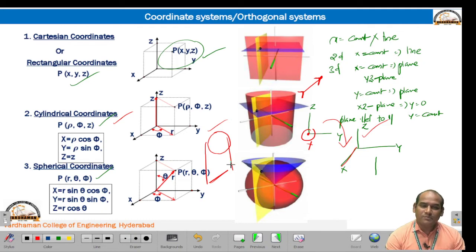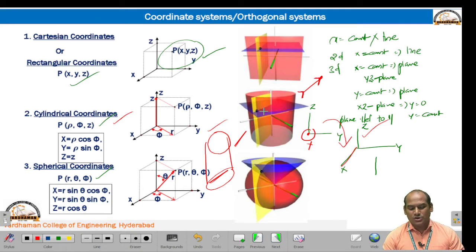Z is changing from minus infinity to plus infinity, or for simplicity I am taking from 0 to 5 meters. Then this cylinder has been created. How the cylinder is created, that you need to see. It is not only because of fixing the value of rho, it is because of all the values of phi and all the values of z.